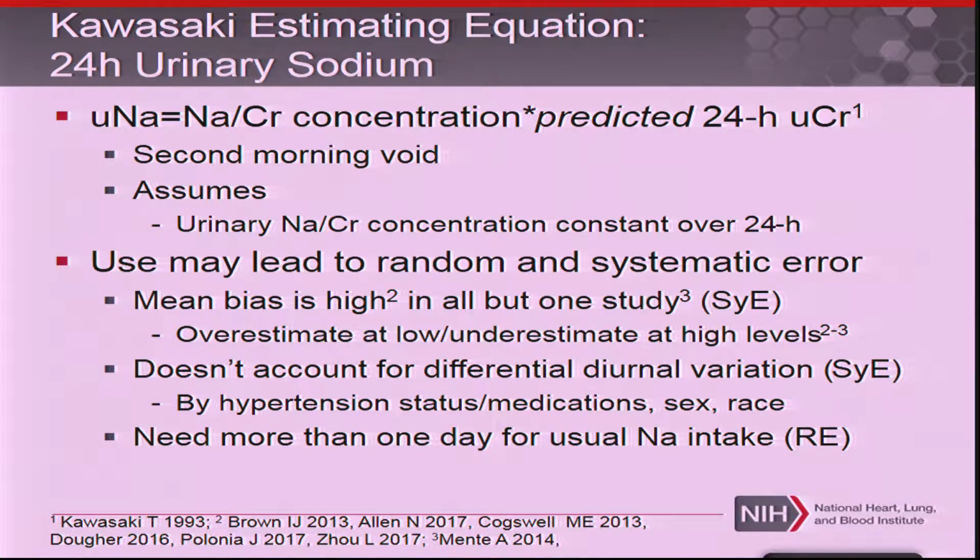And in general, they find that urinary excretion is overestimated at the low and underestimated at the high levels. It doesn't account for differential diurnal variation, and you really need more than 1 day for usual intake, and the cohort studies are only using a partial urine from a single day.